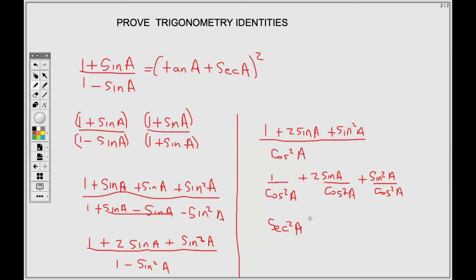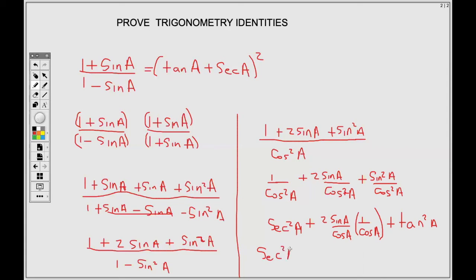So we have 2, then sine A over cos A times 1 over cos A. So sine A over cos A times 1 over cos A gives us sine A over cos square A. Now sine square A over cos square A is the same thing as tan square A. And rewrite the sec square A.